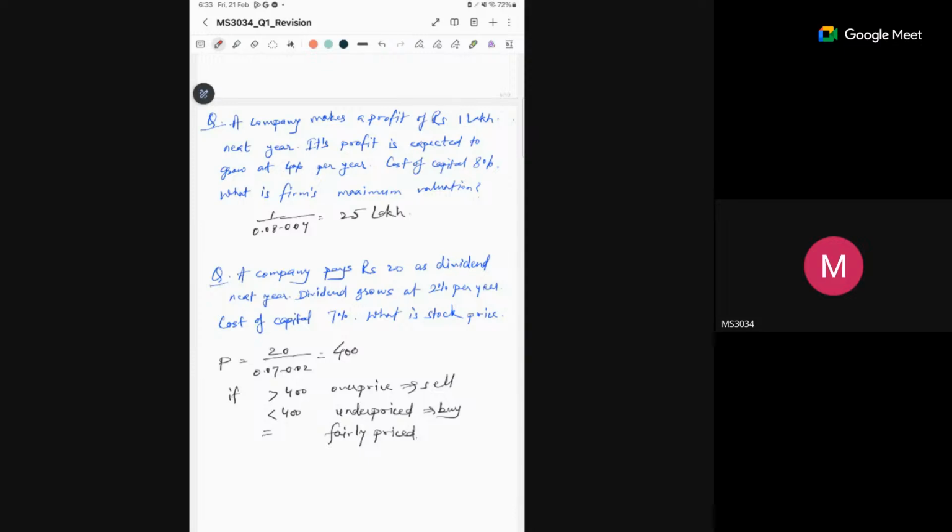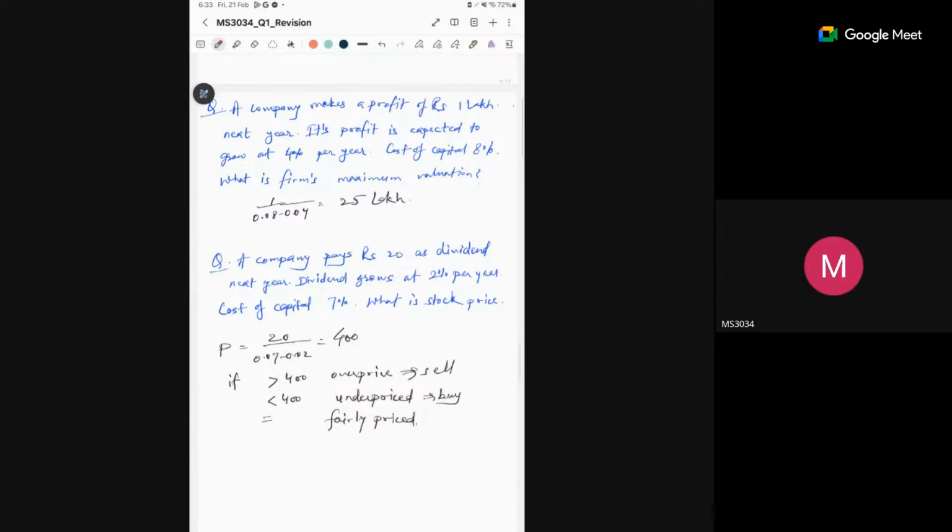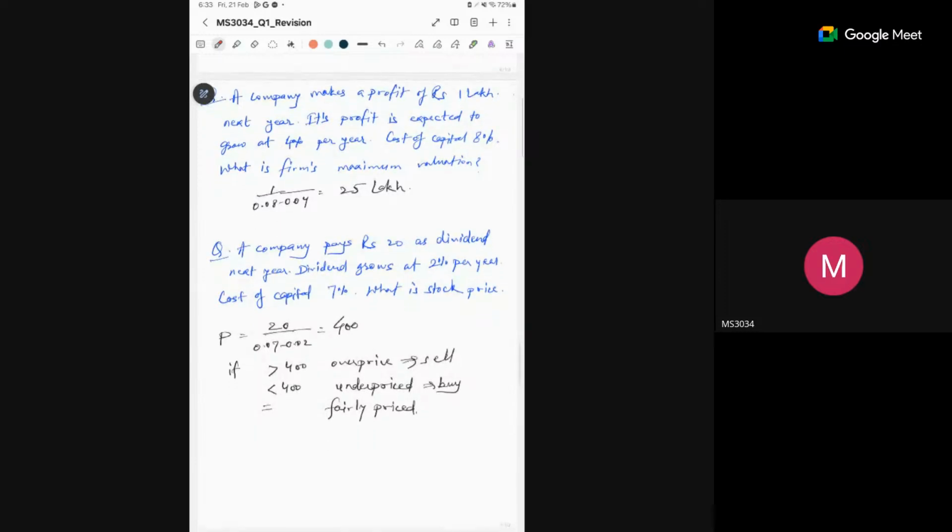They incorporate other information also, but we are taking the simplest possible valuation technique. So they take all their projections, and if I give these projections about a company, then this is the valuation. The valuation is 25 lakh for this type of future cash flows.